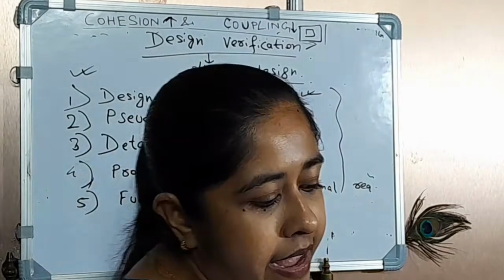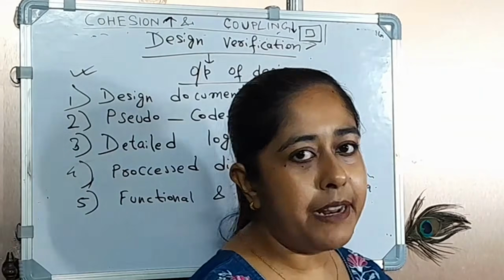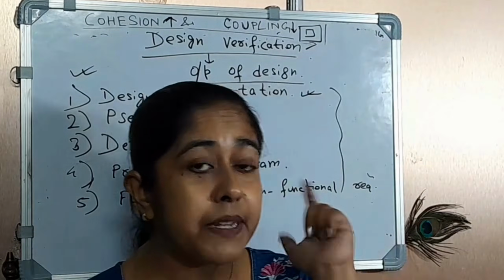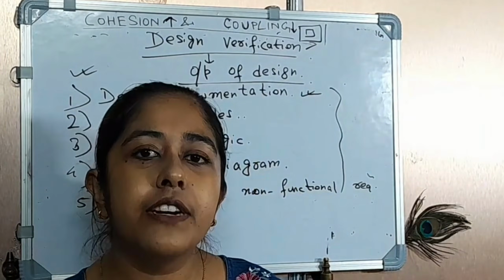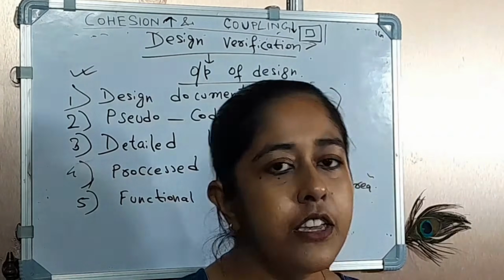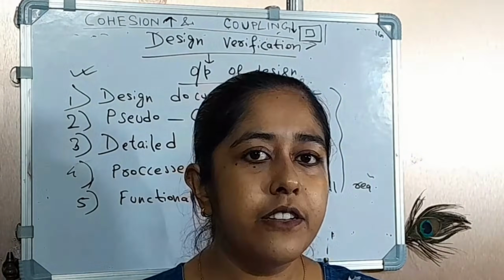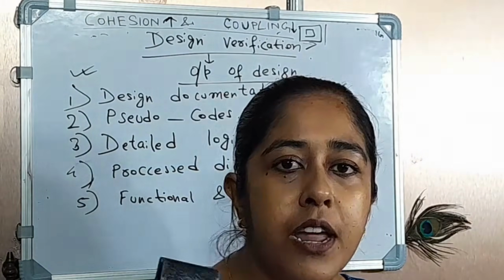Now, we know that these are the parameters. What things do we have to keep in our mind to verify our design? You have got the outputs of your designing phase. You are ready to verify that. But what thing you have to keep in your mind before verifying your designing phase?